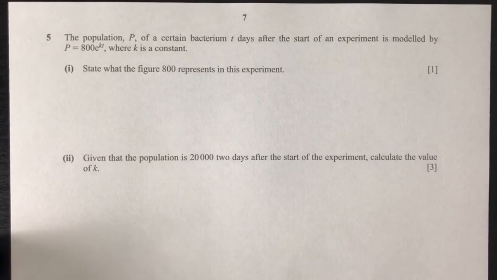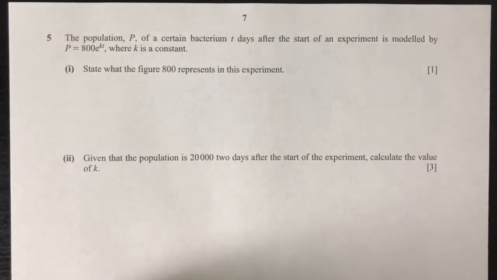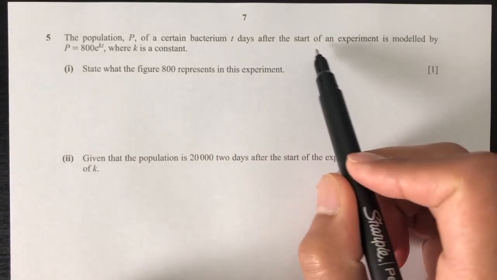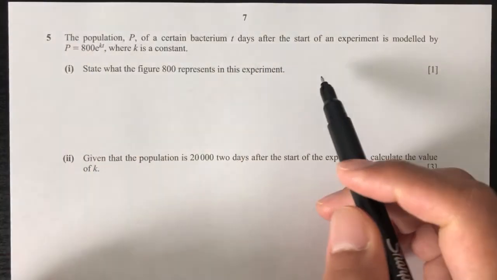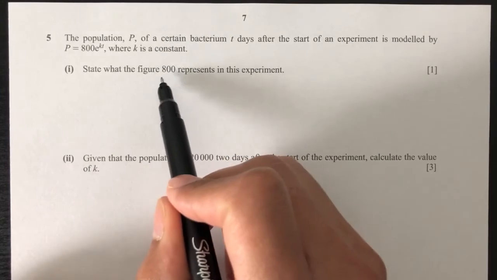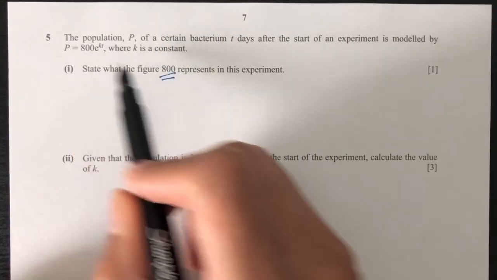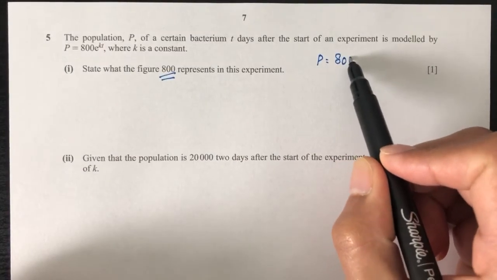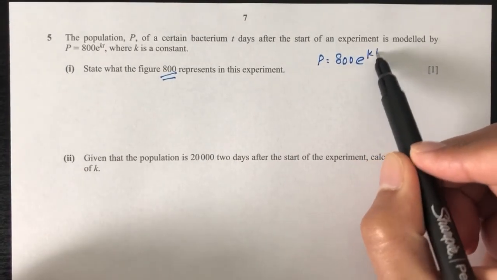Okay, let's move on to question number 5. The population P of a certain bacteria T days after the start is modeled by this equation. State what the figure 800 represents. As you can see, this is P equal to 800 e^(kt).